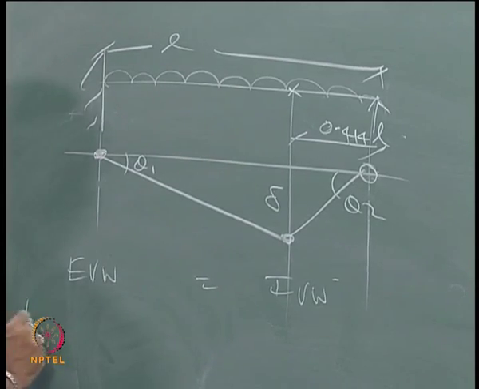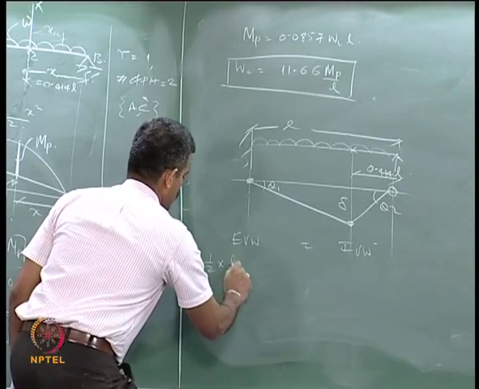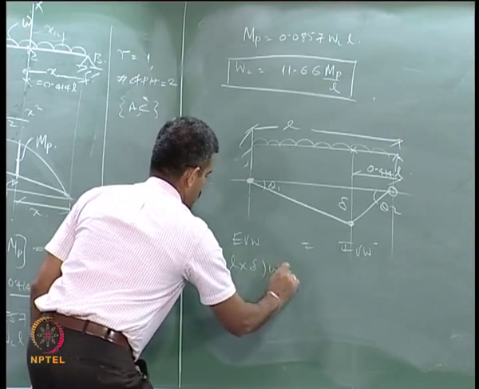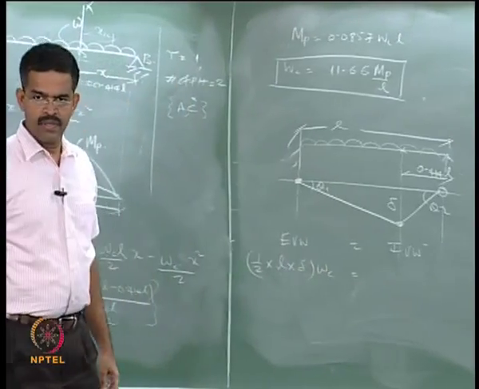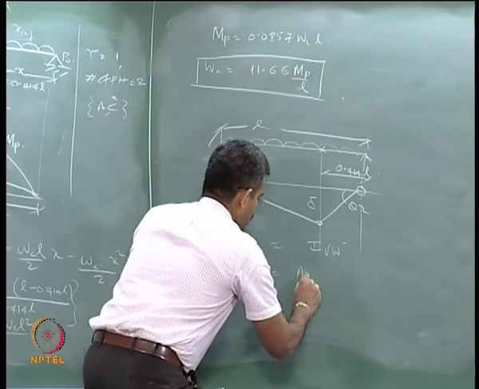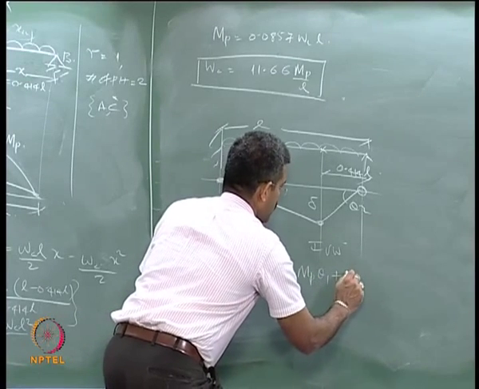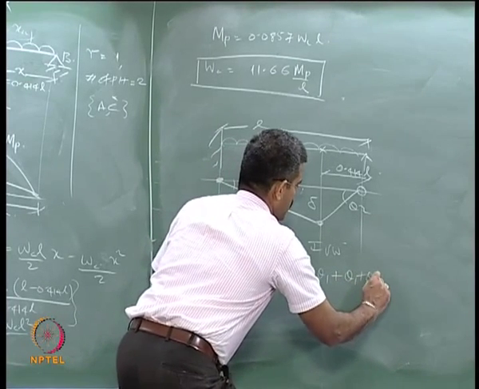Half into base into height into WC. Internal virtual work will be MP of theta 1 plus theta 1 plus theta 2. Is that okay?